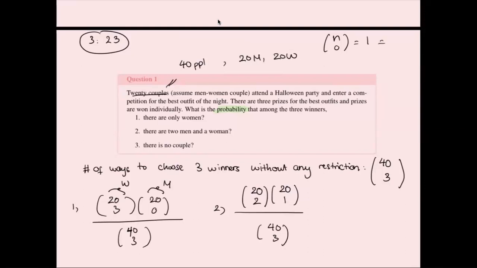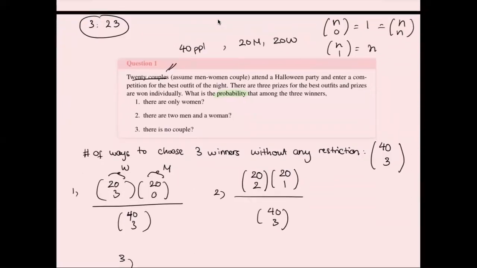It is also equal to n choose n, because out of n elements, how many ways are there to pick n elements? There is also only 1 way, which is to pick everything. And then n choose 1 is equal to n, because you can have different possibilities corresponding to each object being chosen.